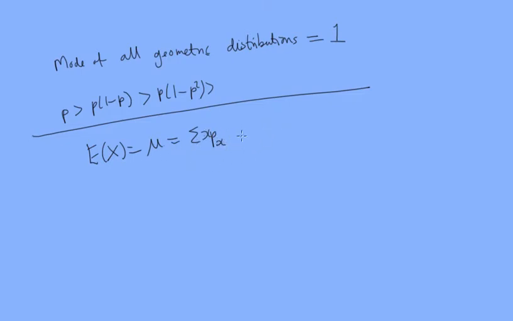If we apply what we know for some geometric distribution of probability p, the mean or expectation is equal to 1 over p, the reciprocal of the probability. Let's look at some examples, and I'll remind you as we go through them.